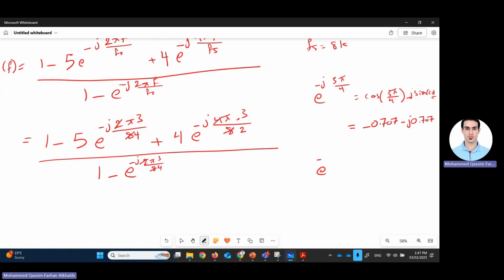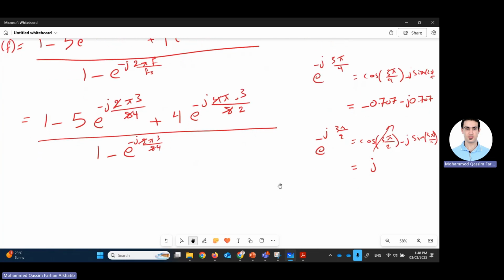Okay, now e to the power minus j 3 pi over 2, cosine 3 pi over 2 minus j sine 3 pi over 2. So it's going to be j. The cosine will cancel because that's a multiple of pi over 2. And for 3 pi over 2, the sine is going to be negative 1. Negative times negative is going to be positive j. All right, so I have all the information needed. So let's substitute the values.